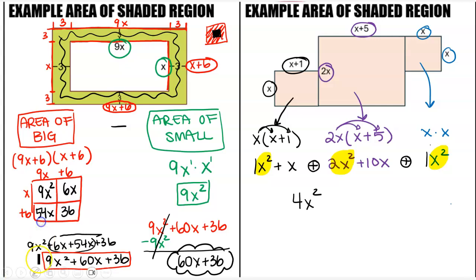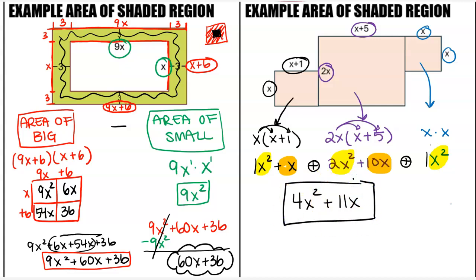Then I'm going to look at my next like terms, which are 1x and 10x. If I add the 1x and the 10x together, I get 11x. This is an expression that represents the area of that entire shaded region. So sometimes you'll be adding areas together and sometimes you will be just subtracting. I hope this helps. Have a great day.